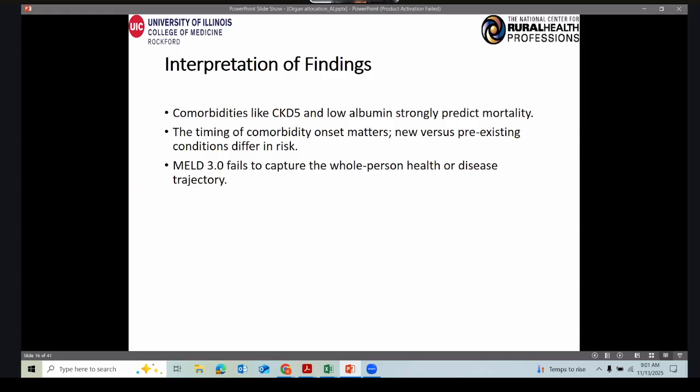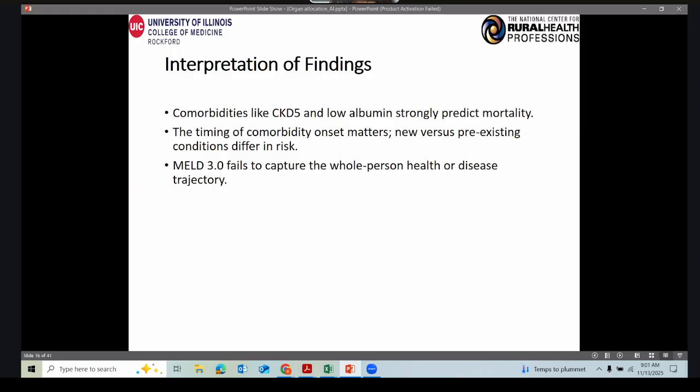Another important observation is that the timing of comorbidity onset matters. We have noticed differences in the outcomes between patients who already had these comorbidities before they were listed for transplantation versus those who developed them later during the waiting list period. Patients who developed new-onset comorbidities closer to the transplant often had a steeper clinical decline, which affects survival more severely.